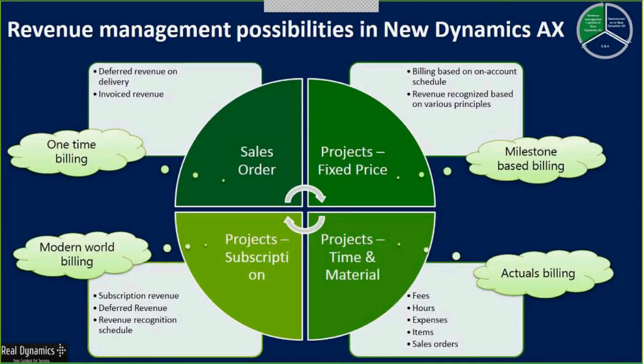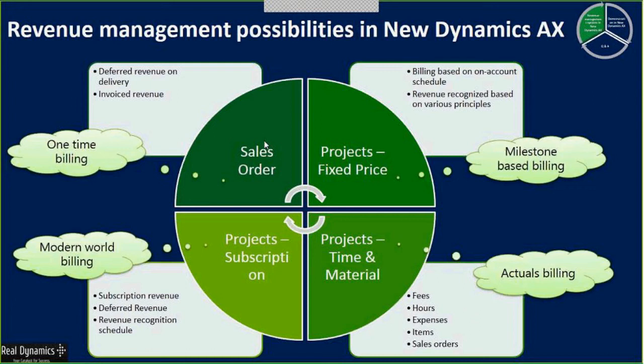We'll start with the various revenue management possibilities. The first option, and the most common one that a lot of end customers are using, is the sales order. Typically, your invoicing and revenue happen at the same time. There are ISV solutions who do manage the deferral, but out of the box, what you get is that you invoice the goods, the billing is done, and the revenue is also impacted.